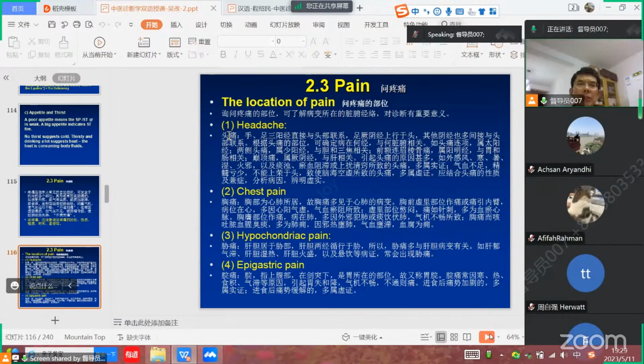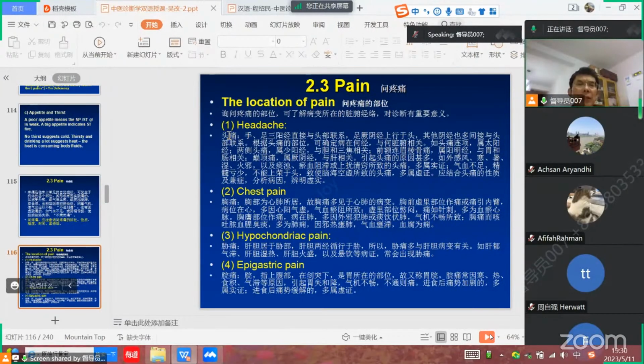Endogenous disease can also give rise to headache, for example phlegm, dampness, turbid phlegm, and blood stagnation. I mentioned the exogenous external syndrome and the endogenous turbid phlegm and blood stagnation. That is excess type headache.